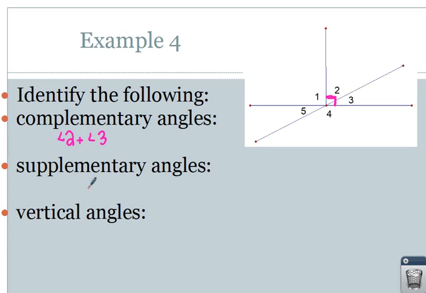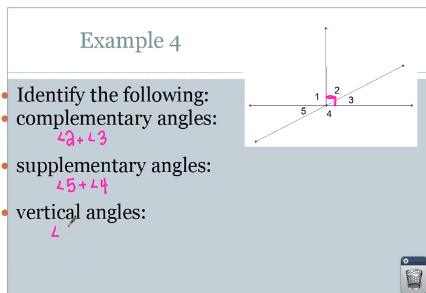A pair of supplementary angles, and there are several different pairs in this picture, but I'll just pick one. Angle 5 and angle 4. If you look at angle 5 and angle 4, the two of them together make a straight line, so they're supplementary. And then vertical angles have to be right straight across the intersection from each other.